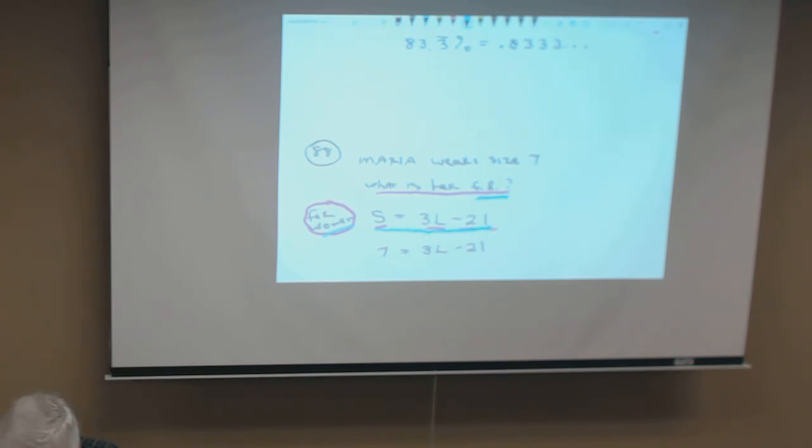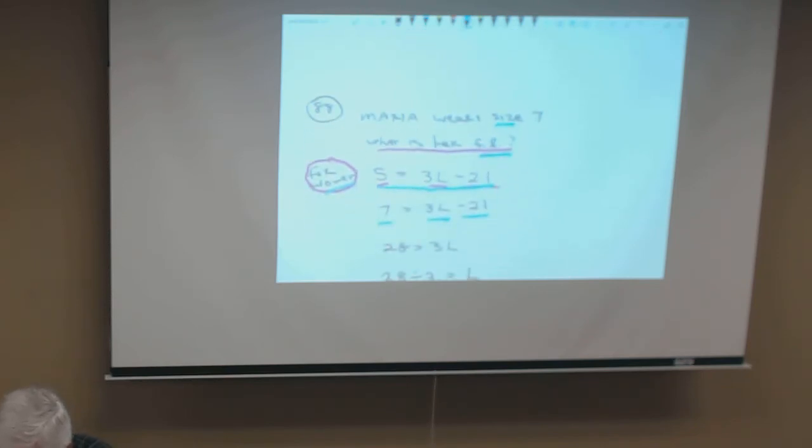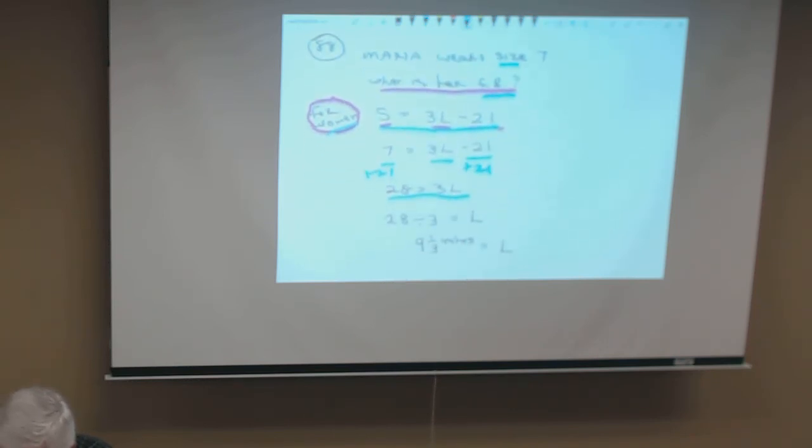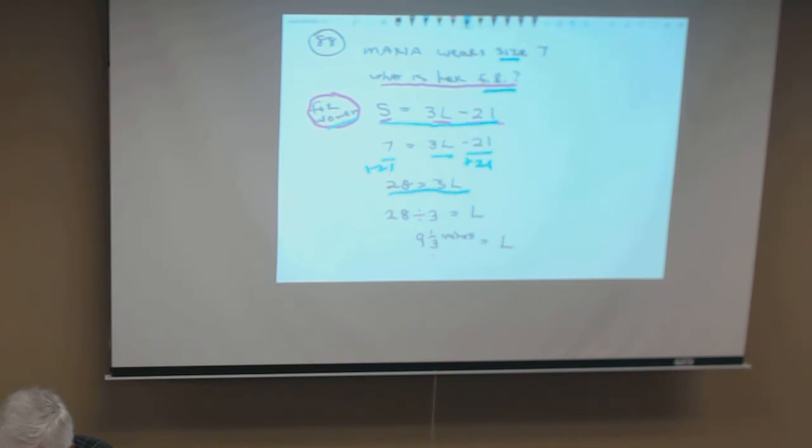And what does S stand for? Shoe size. So I put 7 in here equals 3 times L minus 21. So add 21 to both sides. 28 equals 3L. Divide by 3, and L is 9 1/3 inches long.